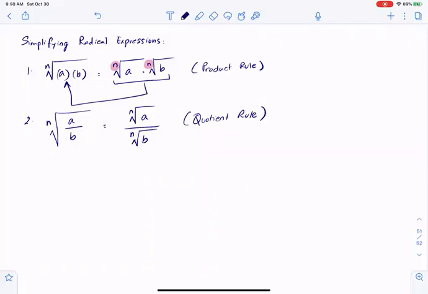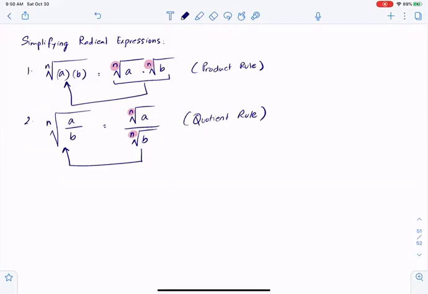What the rule states is if you have an nth root divided by an nth root, as long as the root matches, you can combine them together and put it under one single root.